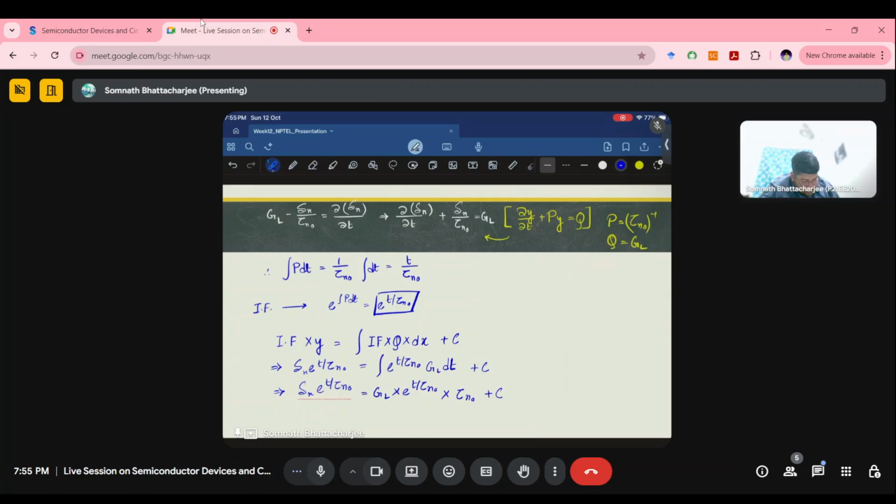And now to find C, we put t equals 0. Then the first term would be 0 equals, so also 0, right?